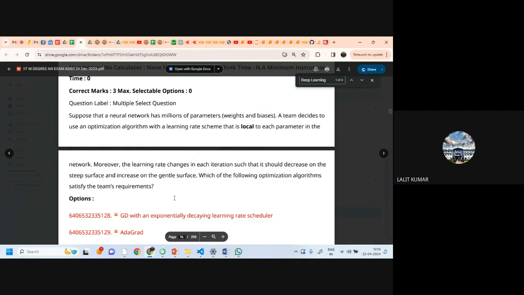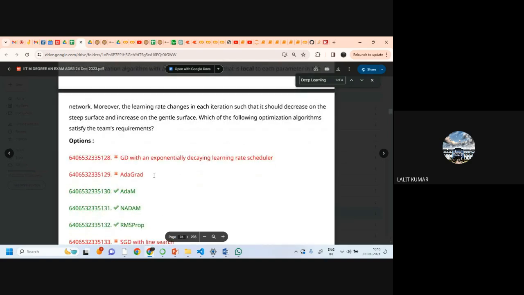Anyone, why is AdaGrad not the answer in this? Because AdaGrad just keeps dividing the nabla, and the rate of decay of the learning rate is very high, so it will just decrease, it won't increase on the gentle surfaces.